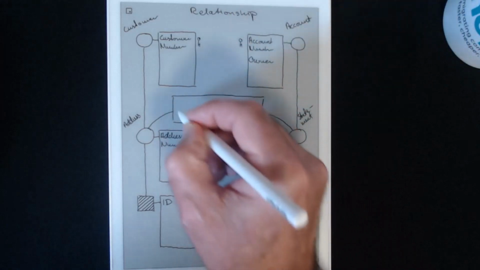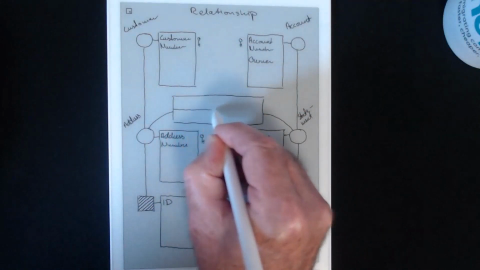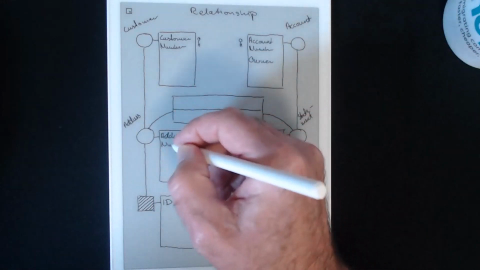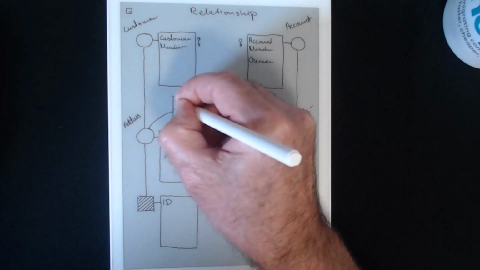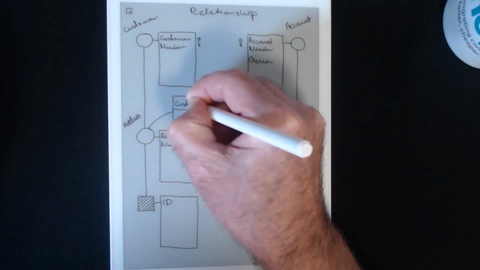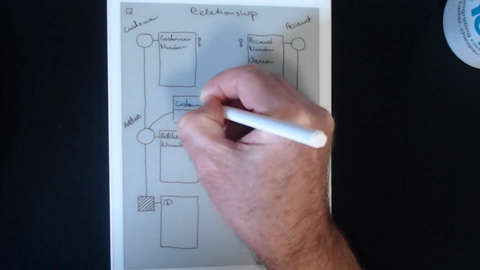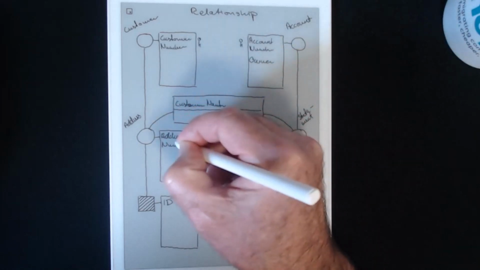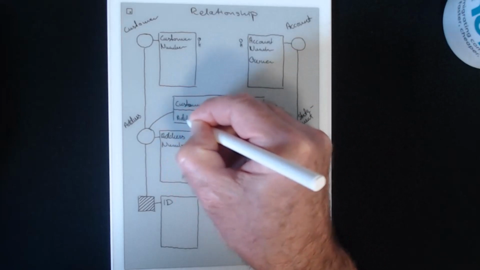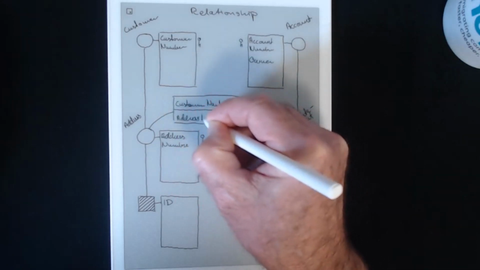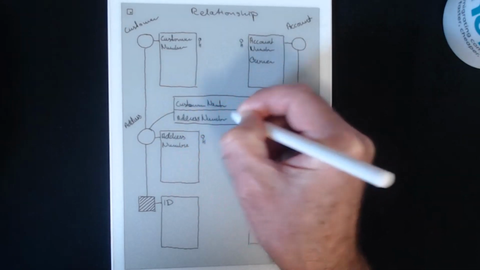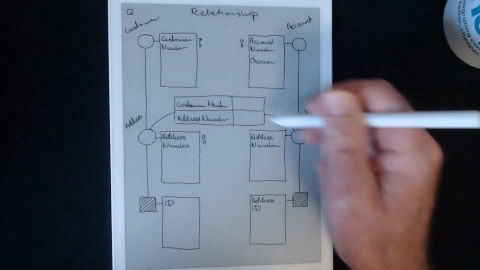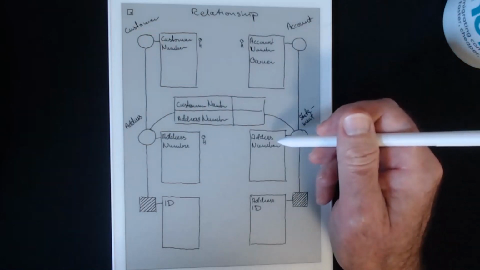And here we have two. So the target map will show you the key for this address. So you have to provide a customer number, and you have to provide an address number, in order to point out exactly which address it is you want from over here.